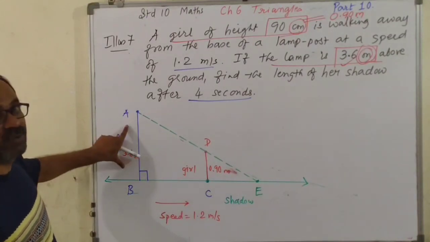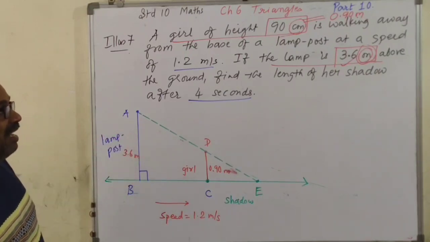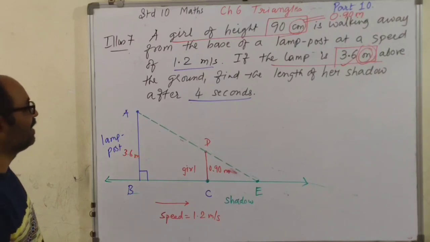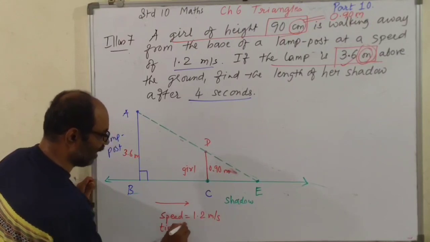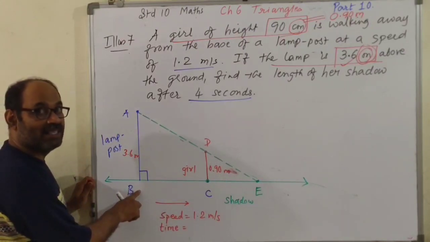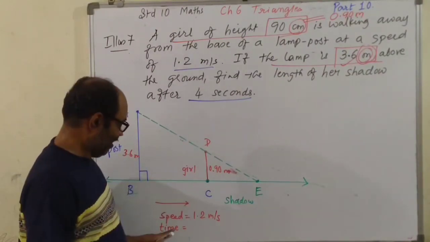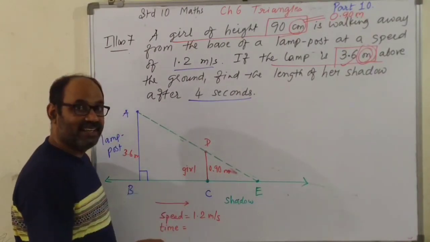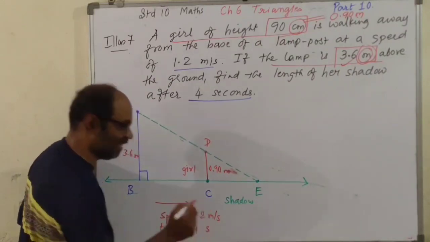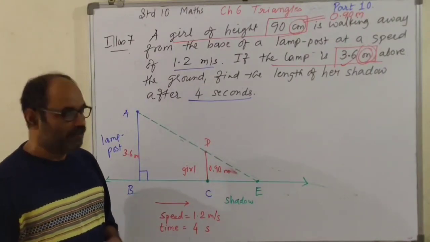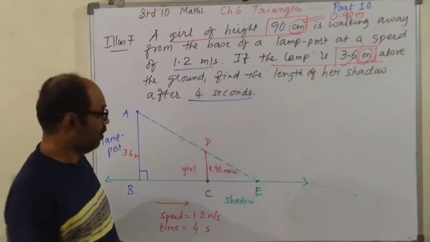If the lamppost, this one AB, is 3.6 meter above the ground, find the length of the shadow in 4 seconds. From B to C is the time taken. The girl passes from B, reaches C. From base to point C, she takes 4 seconds. Correct? Alright? Fine.